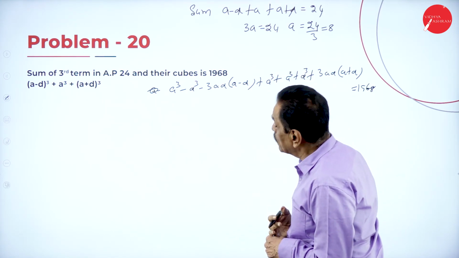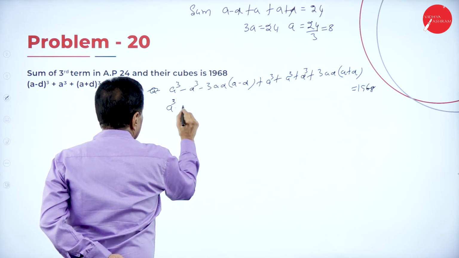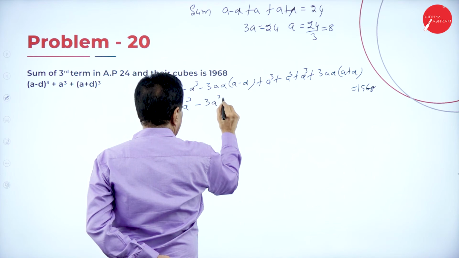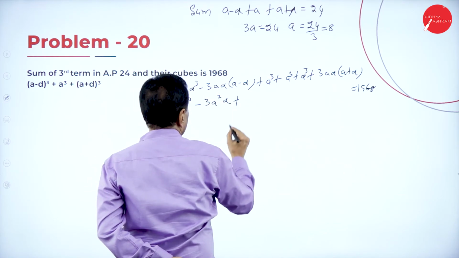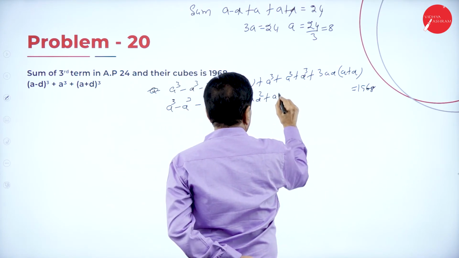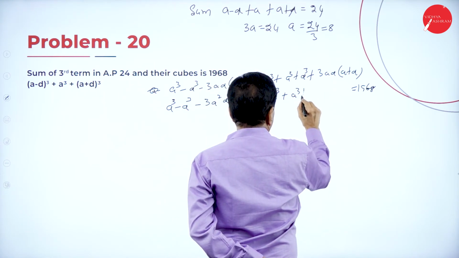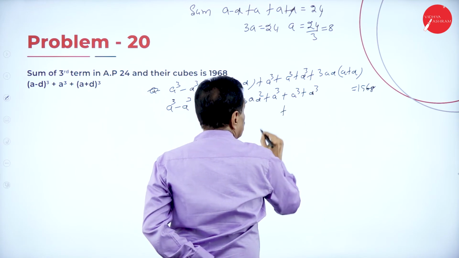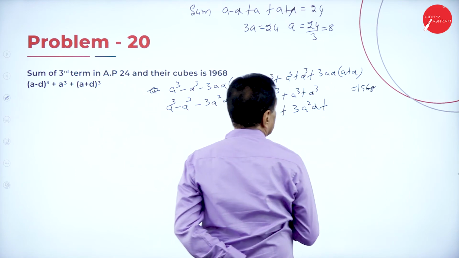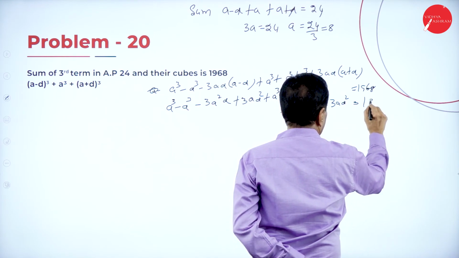Simplify: A cube minus D cube minus 3A square D plus 3AD square plus A cube plus D cube plus 3A square D plus 3AD square is equal to 1968.